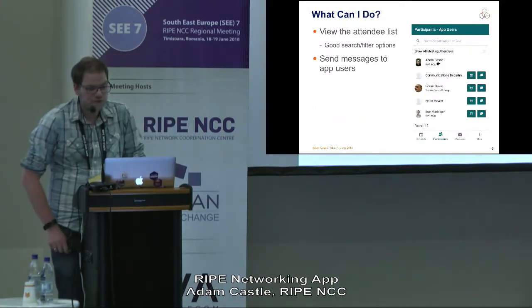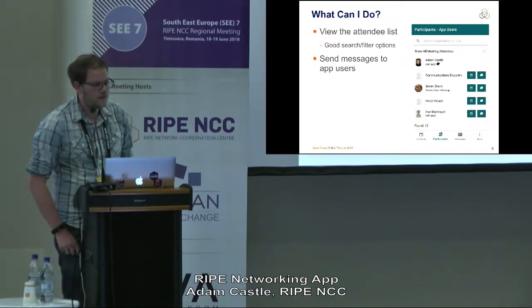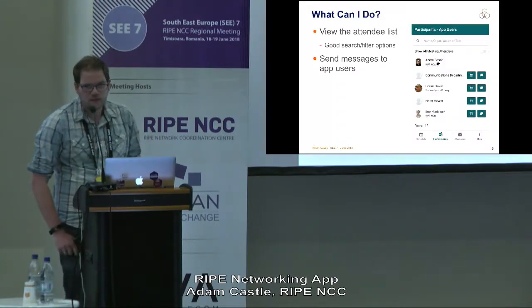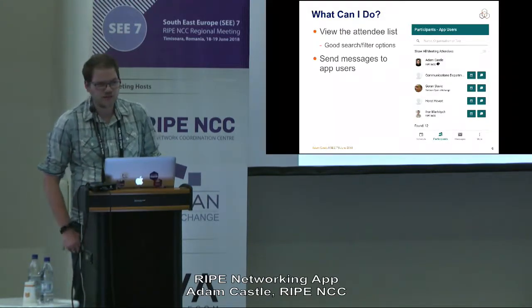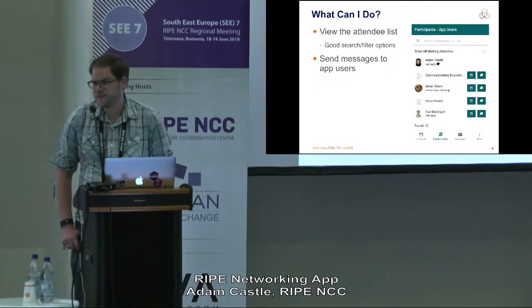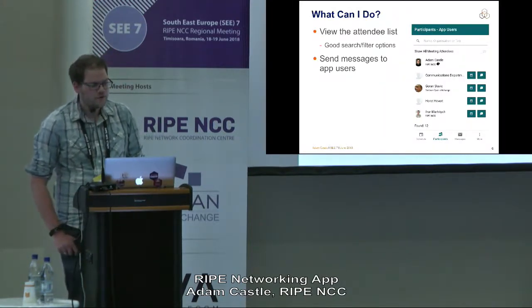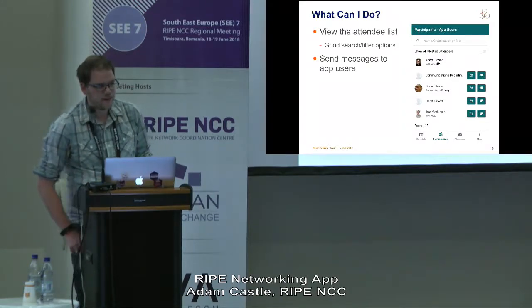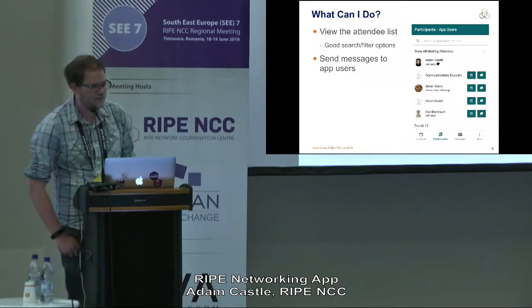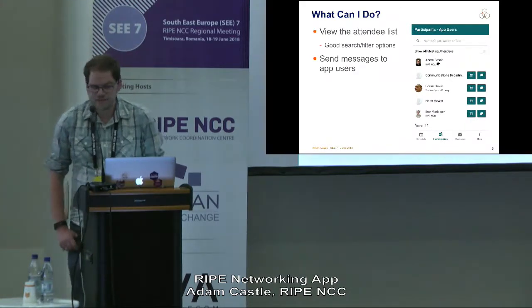The second screen I want to talk about is the participant screen. Basically, you can filter for all application users. So you can search on their name, also any kind of information that they might have tagged themselves with. For example, in my profile, I've tagged myself that I like Python, the programming language. So if you actually search for Python, you would get all the Python developers in-house, which is at the moment just me, it seems.